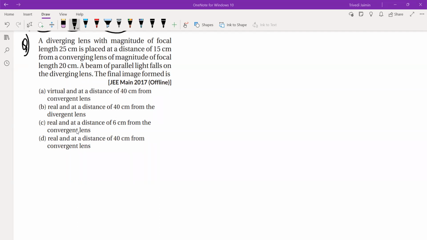So real distance 40 centimeter from diverging lens. No dear, it should be converging lens. Let's see how. I'll draw the image. You can see that. First, a diverging lens means this one.